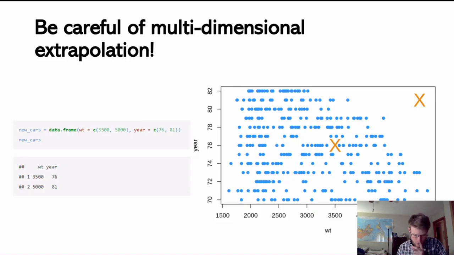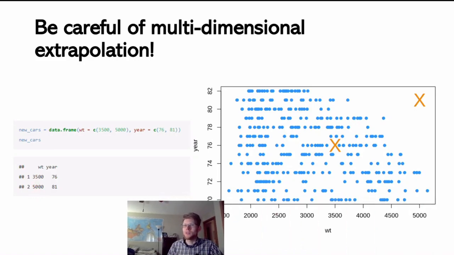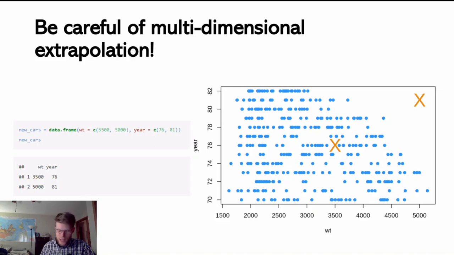Now, this is where it gets a little bit tricky. I might be looking for cars of a weight of 5,000, well, my head is in the way again as usual. And I'm looking at this range and saying, oh, look, I have observations of cars from about 1,500 to a little over 5,000, so that's safe.